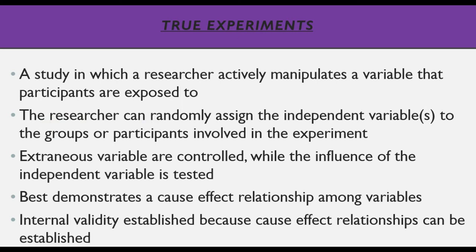Extraneous variables are controlled, while the influence of the independent variable is tested. Best to demonstrate a cause-effect relationship among variables. Internal validity is established because cause and effect relationship can be established.